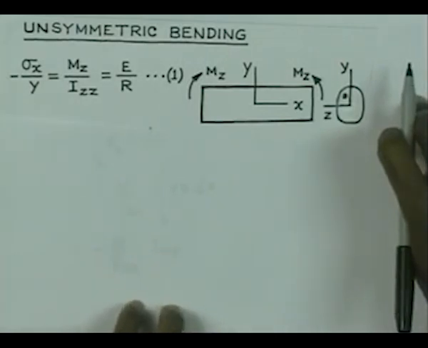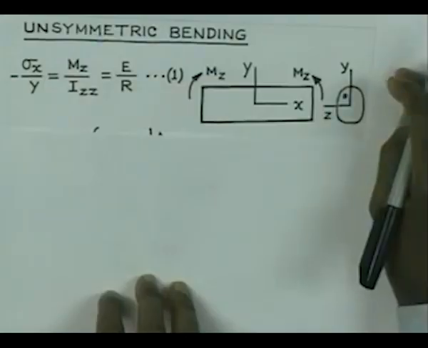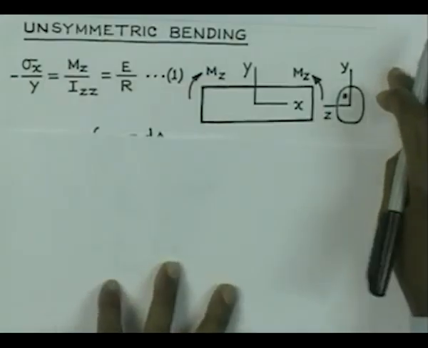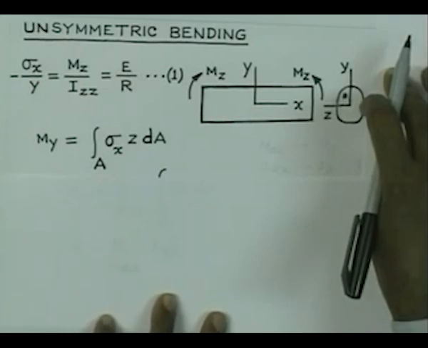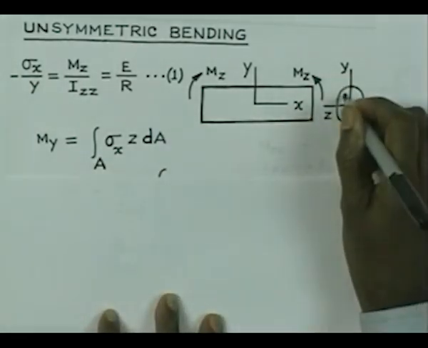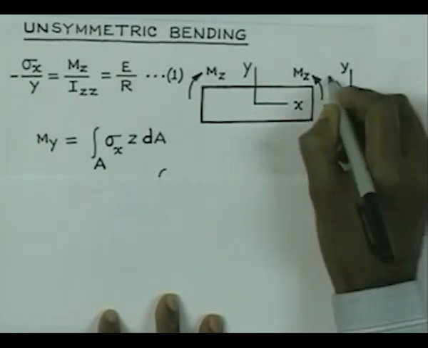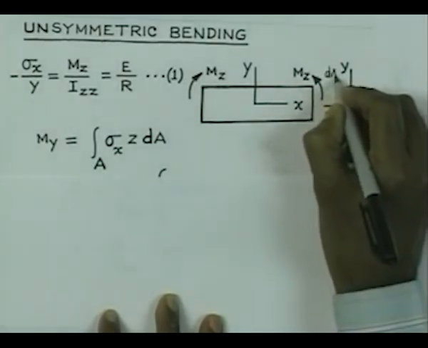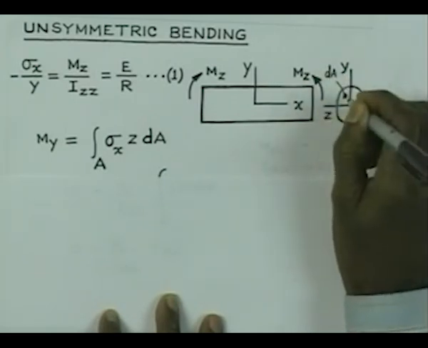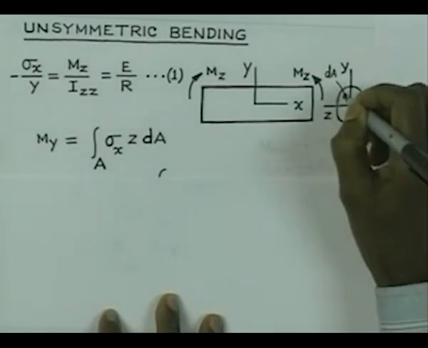Now, let us try to consider the moment of the stresses which are acting on this cross section about the y axis, which is the axis of symmetry. Let us say that this is an area dA. On this area, if x axis is out of the board, then we have stress sigma x acting there.